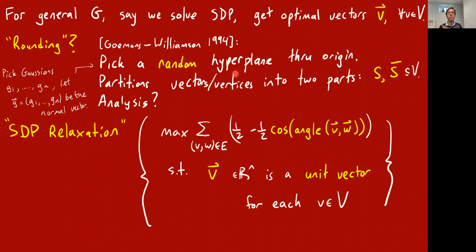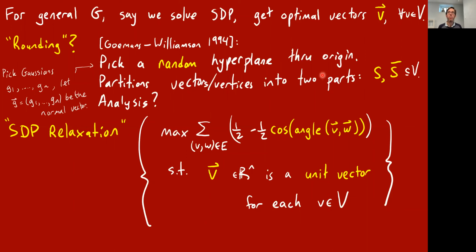And you can get a random normal vector just by picking all the n components to be Gaussian. Remember this most important fact about Gaussians: if you pick n of them independently, the resulting vector is rotationally symmetric. So algorithmically, the way you execute this line of the code is to just pick n Gaussians and consider the hyperplane orthogonal to them.